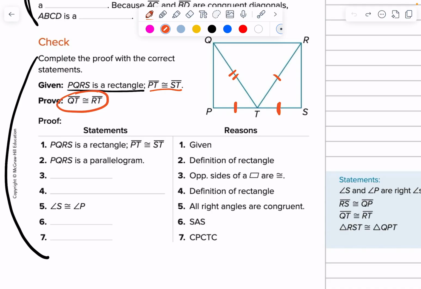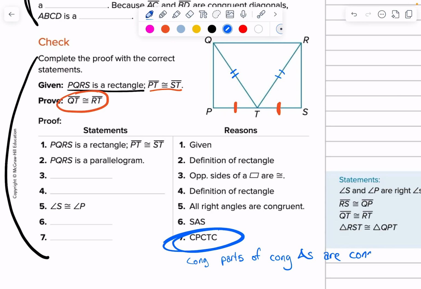And so I'm looking particularly at these two triangles, and going back to what we did in the last chapter where we were proving by side, side, side, or side angle side, we are trying to figure out if those two triangles are congruent. And if this triangle is congruent to this one, I can say that this guy is congruent to this one by CPCTC, which stands for congruent parts of congruent triangles are congruent.